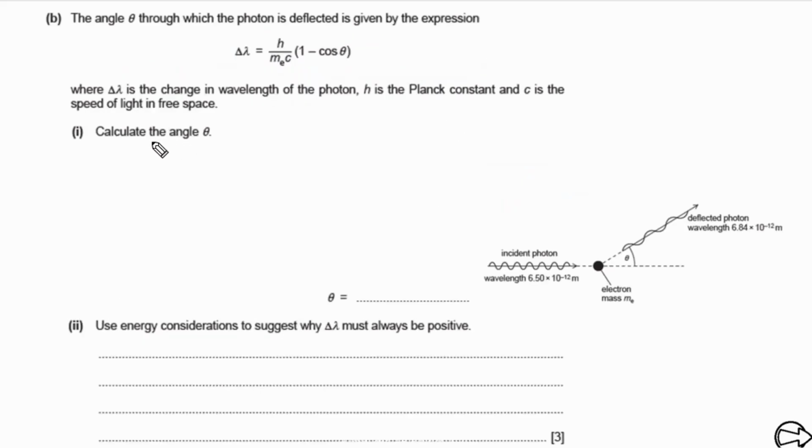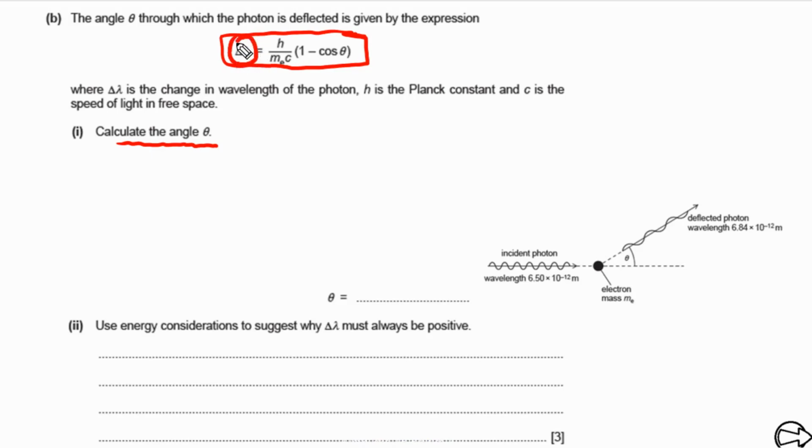For part B, the question is asking us to calculate the value of angle theta, and a formula is given to us. If we look at this formula, everything is given to us. We simply need to plug in values.